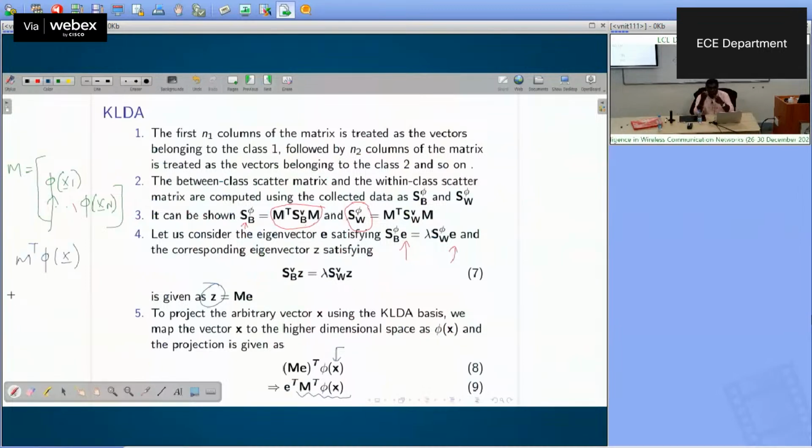Element wise, it is going to get multiplied: phi of X1 transpose phi of X, and then phi of X2 transpose phi of X. A matrix times the vector.